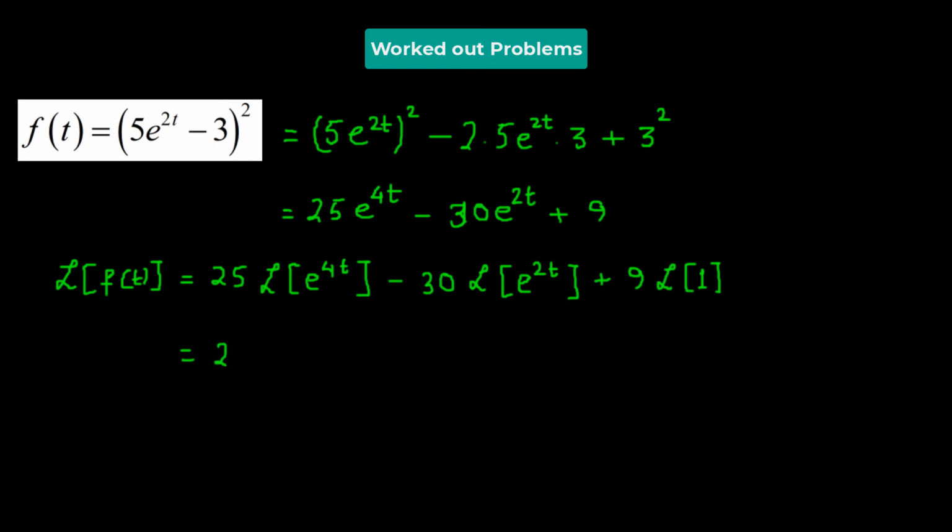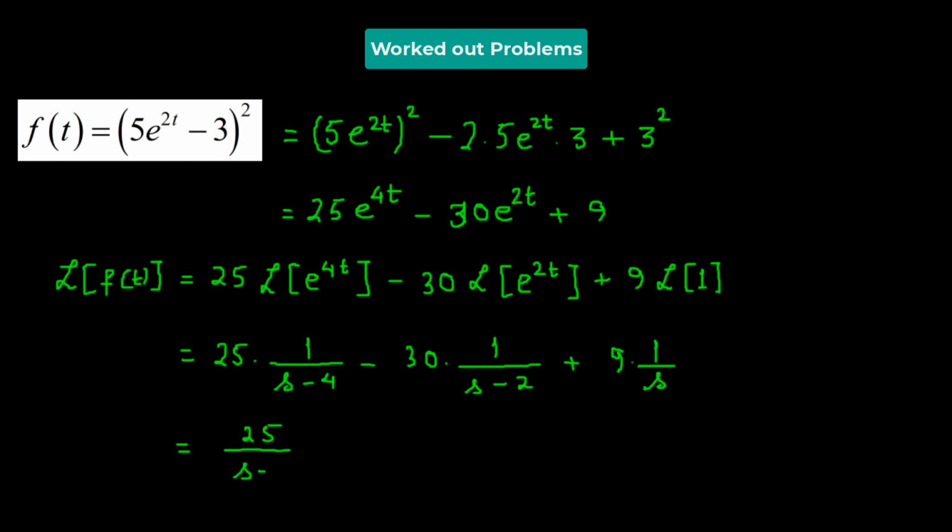The Laplace transform will be 25 times 1 over s minus 4, minus 30 times 1 over s minus 2, plus 9 times the Laplace transform of 1, which is 1 over s. So we have 25 over s minus 4 minus 30 over s minus 2 plus 9 over s.